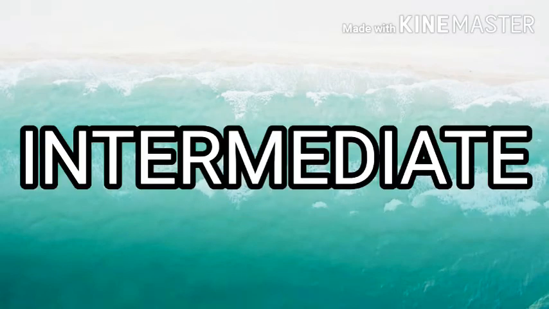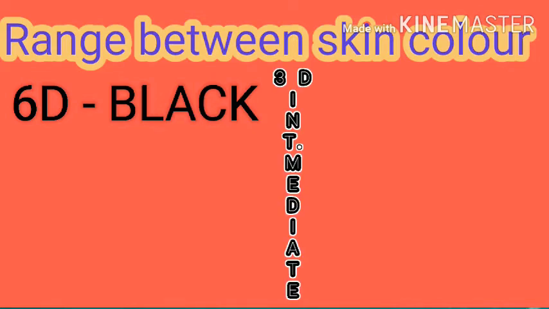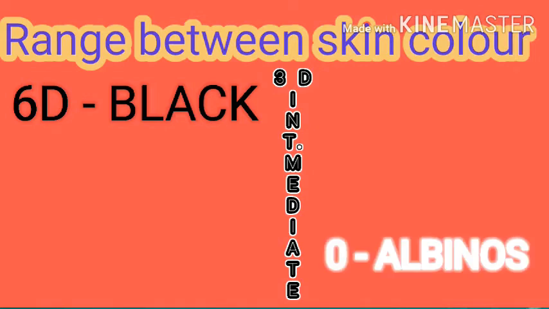So we have a range of skin colors: if they contain 6 dominant, then the color is black. If they contain 3 dominant, then the color is intermediate, and if they contain no dominant, only recessive, then it shows only the albino variety.